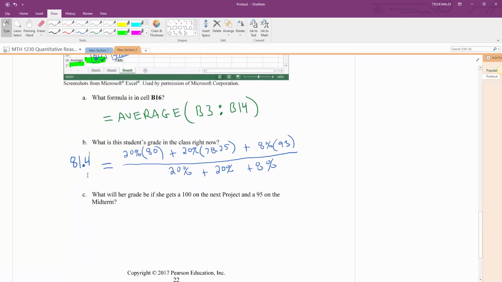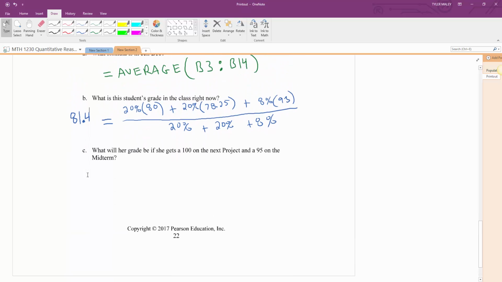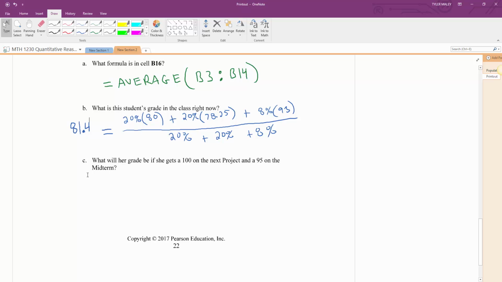So then C is, what will be her grade if she gets 100 on the next project and a 95 on the midterm? So I'm just going to add on to part B, and I'll do this in another color, maybe in red. So we just need to keep following along here and make a few changes.